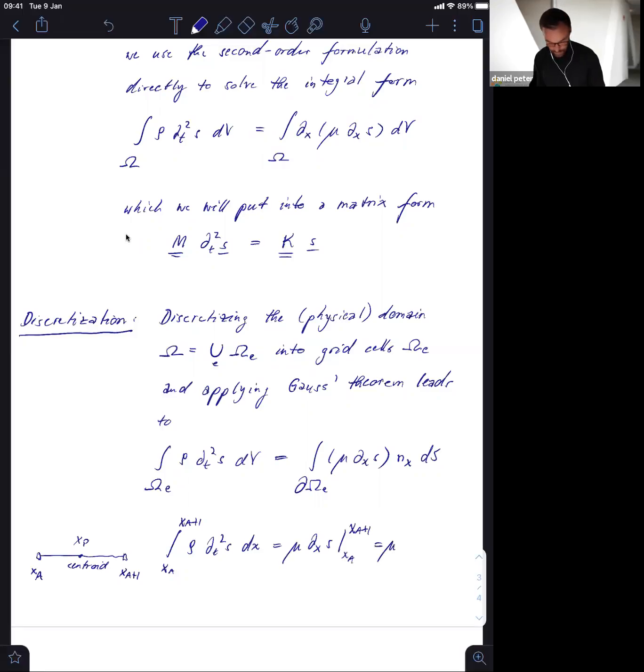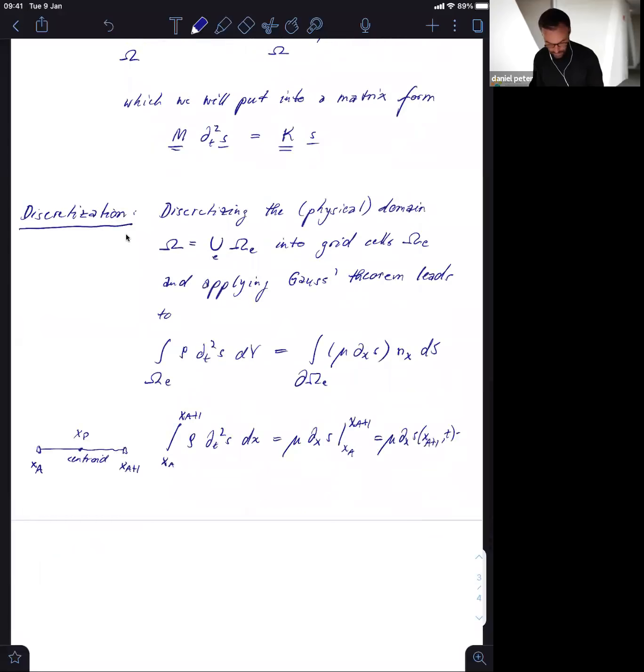Which is just the term at xa plus 1 minus the term at xa. So this here is going to be our mass term, and this thing here is going to be our stiffness term.